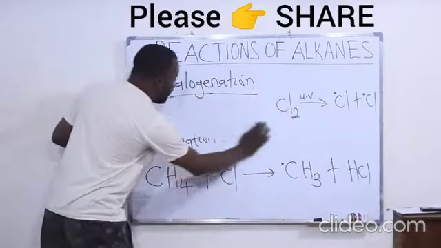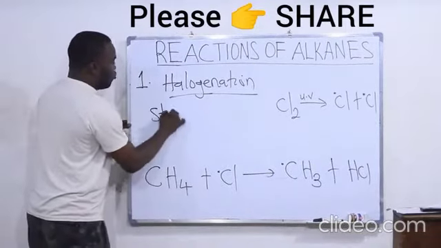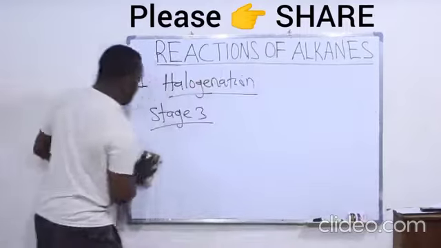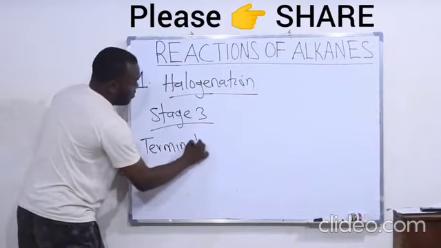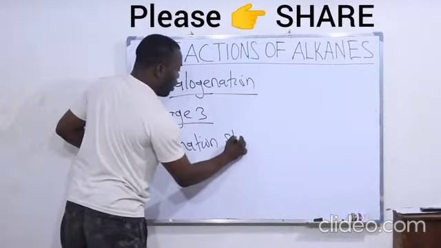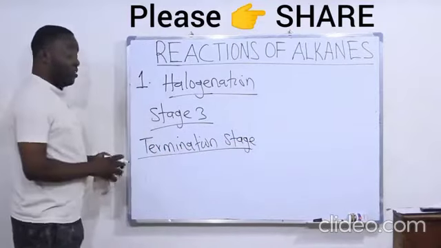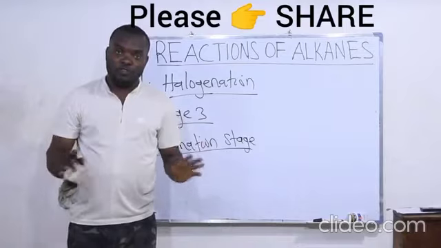Now, the last stage, which is stage 3, is what we call the termination stage. That is the stage in which the reaction comes to an end. The termination stage is the stage in which the halogenation reaction comes to a halt. It stops.